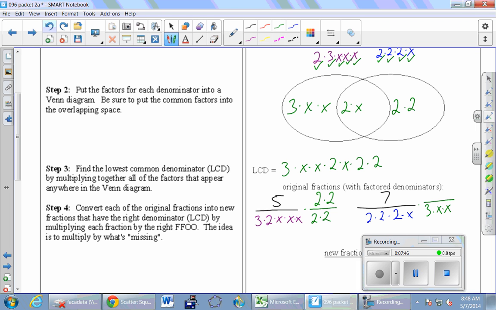That way the denominator will become the green. And again, the 3xx is everything in only the first circle. Okay, and then immediately at the same time, copy it upstairs.